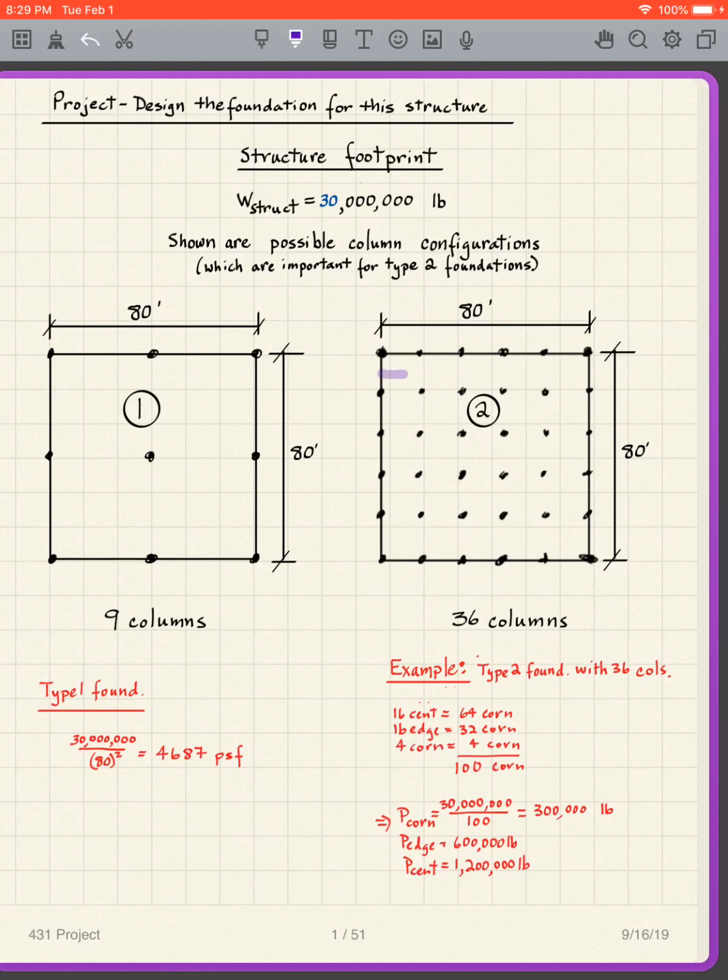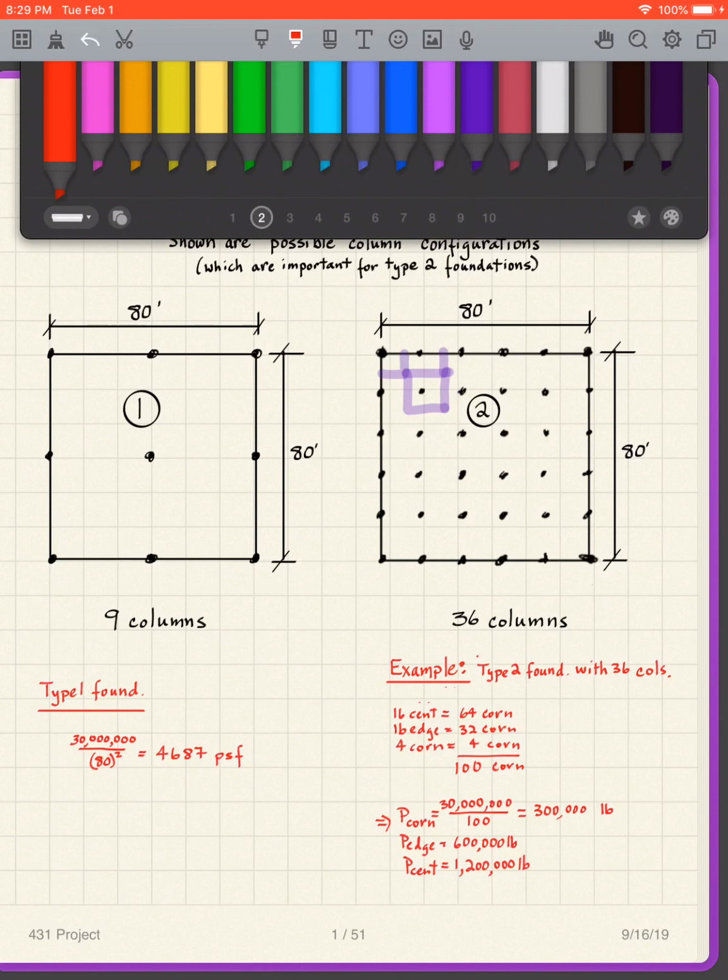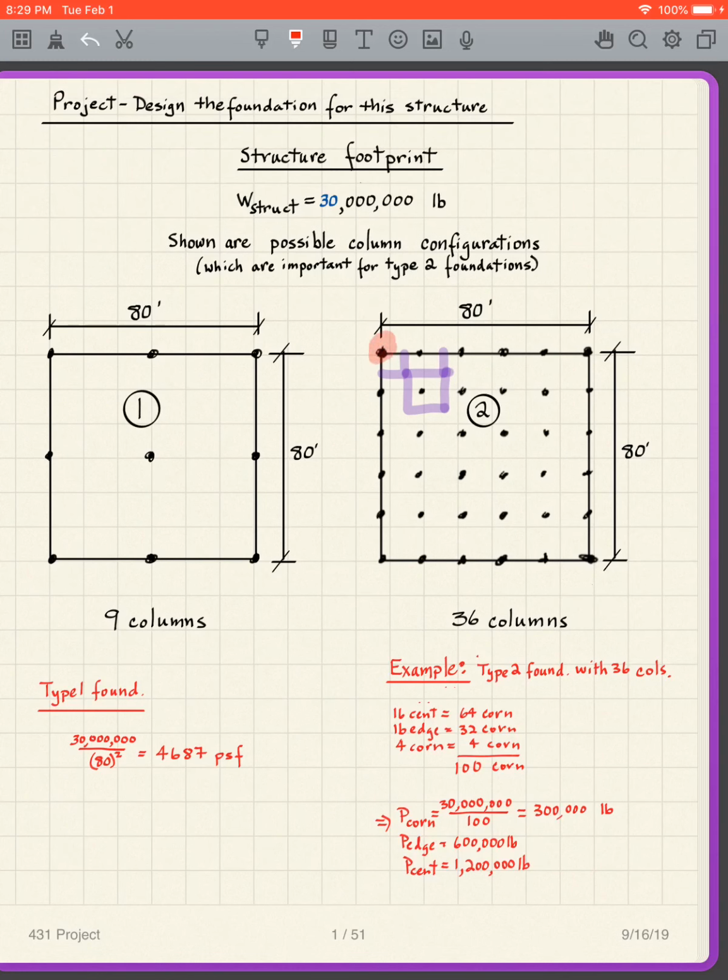So if we break this into tributary areas, we're going to see that we have, for instance, that is a corner column, that is an edge column, this is a center column, and each of them have different tributary areas. And so the tributary area for the corner column is there. The tributary area for a center column is there. And the tributary area for an edge column is there.